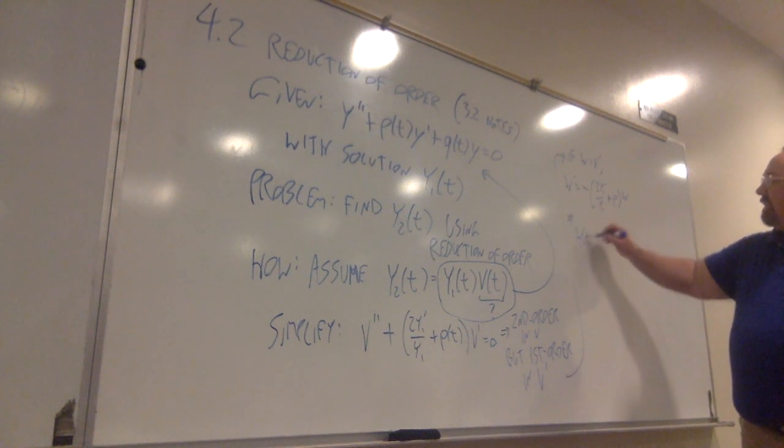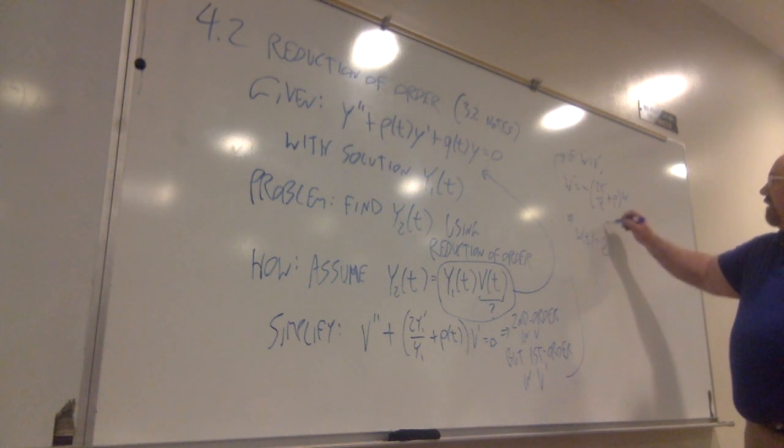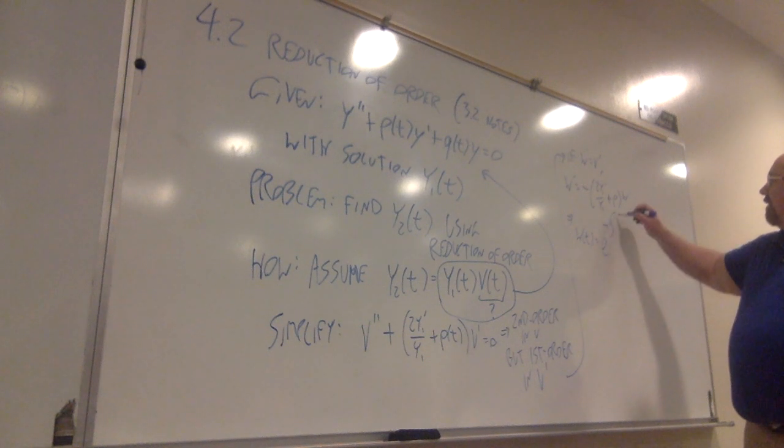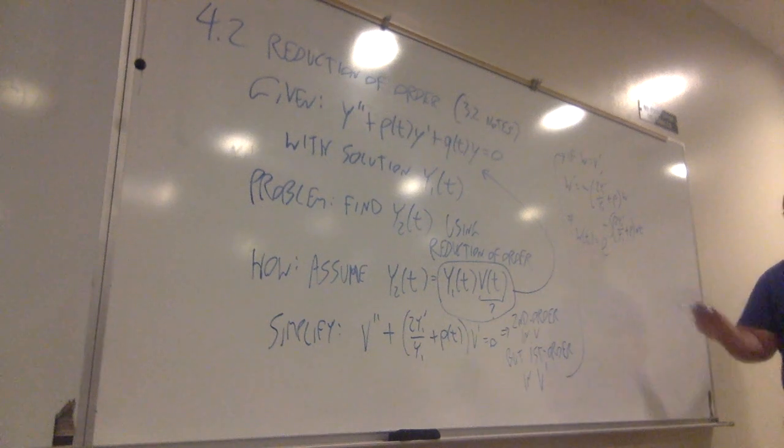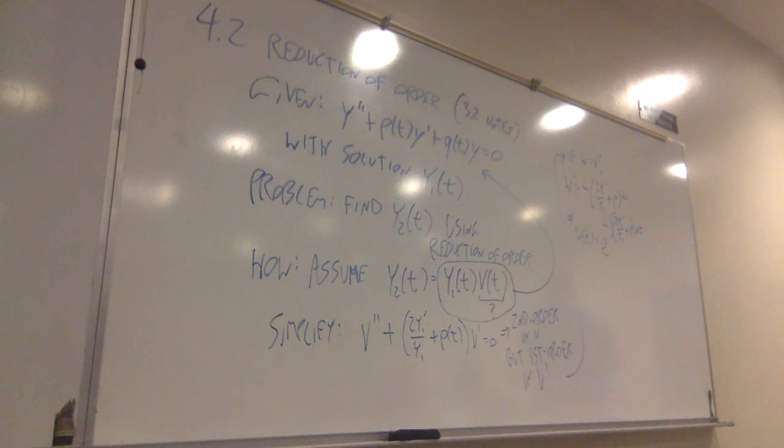So w of t is e to the minus integral of (2y1 prime over y1 plus p) dt times a constant. But any multiple of a solution is also a solution. So I'm just going to say the constant is 1. We're not trying to nail down a unique solution here.